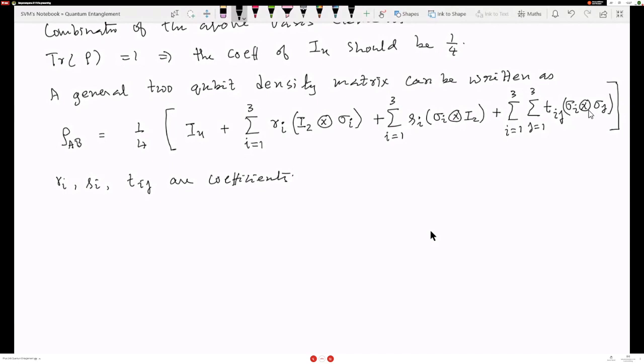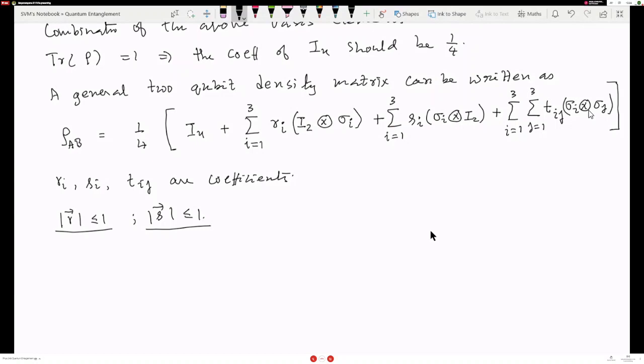Now I2 cross sigma i is like just the system B, or sigma i cross I2 is like system A. So suppose you are not doing anything on the second system, you are only considering one of the systems. Our previous analysis will tell you that this R vector should be less than or equal to 1, and this S vector also has to be less than or equal to 1. Okay, because they are like a single qubit system.